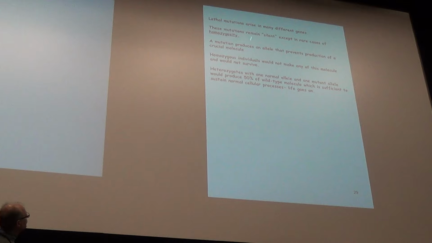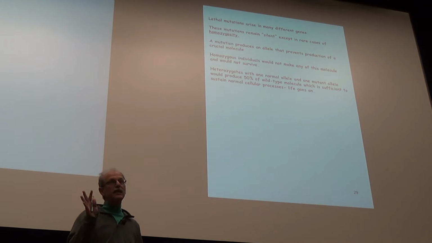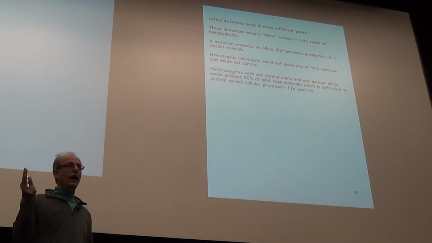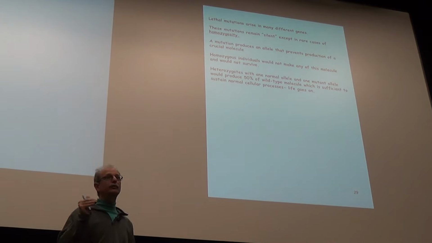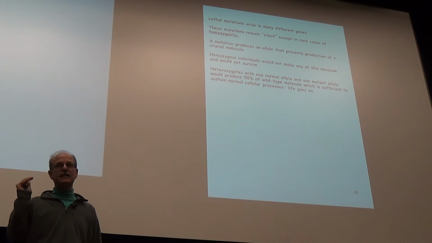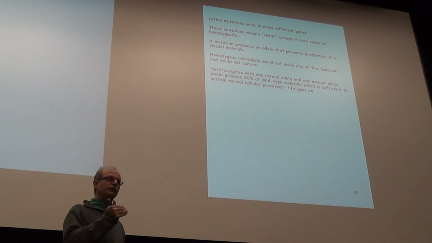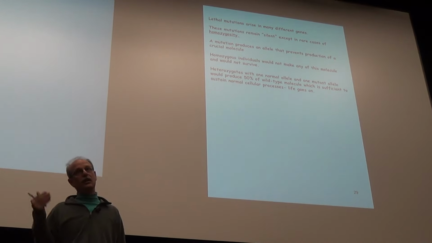So homozygous lethal mutations arise in many different genes. For example, in yeast, there are 6,000 genes in the yeast genome, and of those 6,000 genes, about 2,000 genes are essential, i.e. they are lethal if you have a homozygous condition. So 1/3 of all the genes in a yeast cell are lethal.